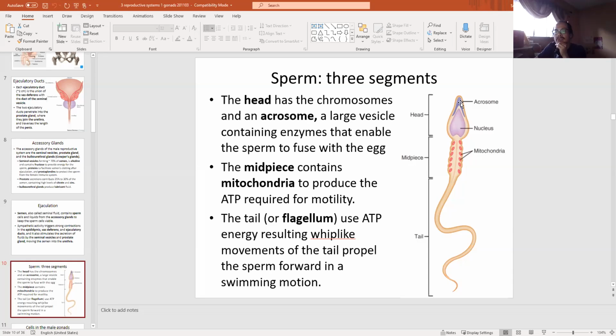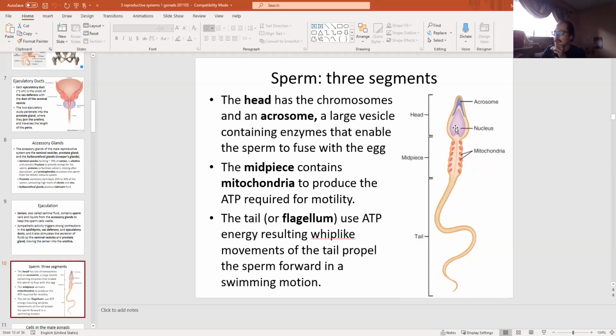The acrosome contains enzymes. Once it reaches the egg, it releases the enzymes to break through the egg. In the head, another portion is the nucleus, which contains the genetic material. This is haploid: 23 chromosomes, not 23 pairs.